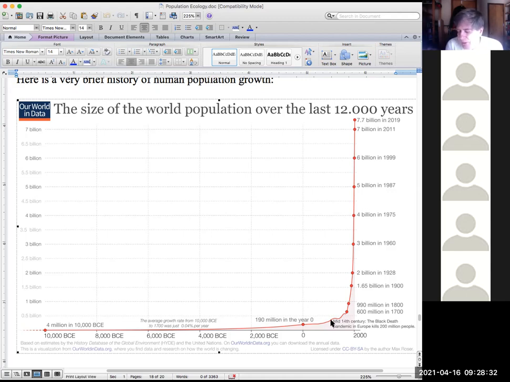And when that happens, women often decide, hey, there's something better than staying at home and having babies all the time. Maybe there's another way to enjoy life more. And when that happens, then the birth rate starts to decline. And so the population growth tends to level off at that point.